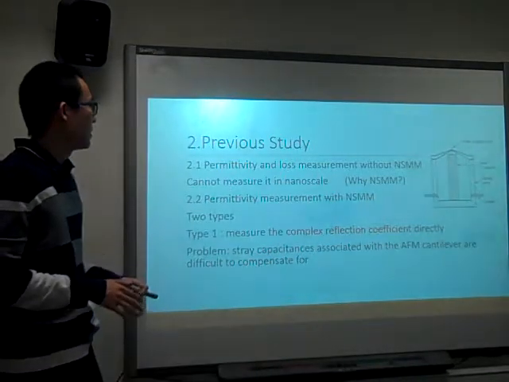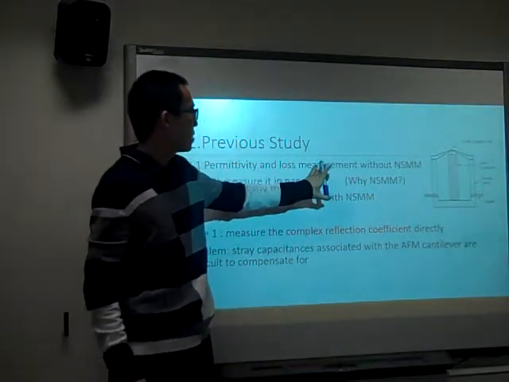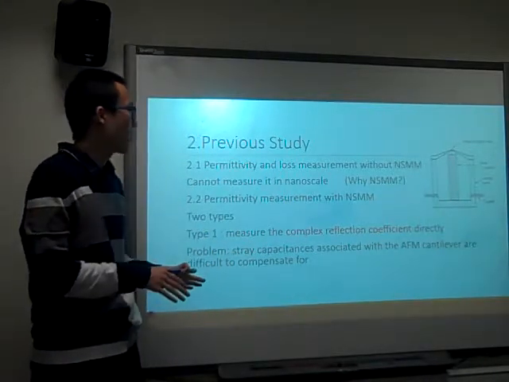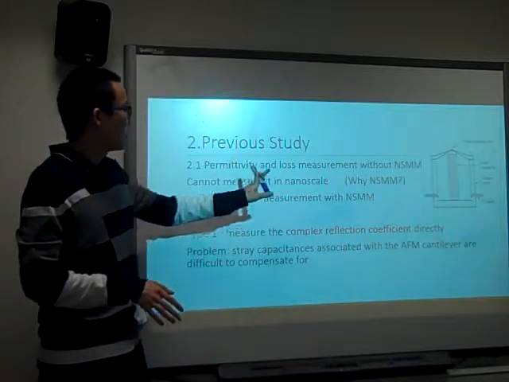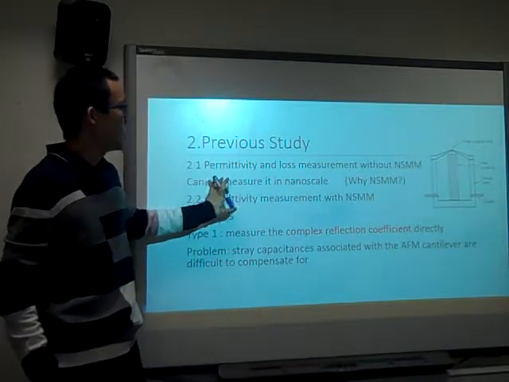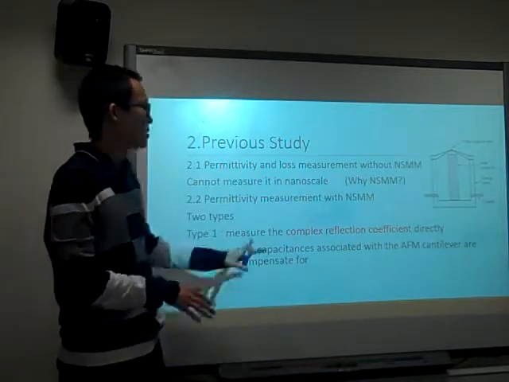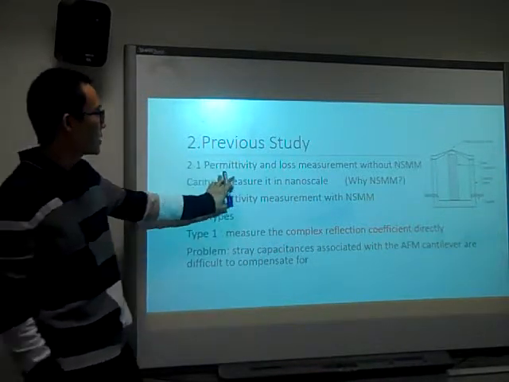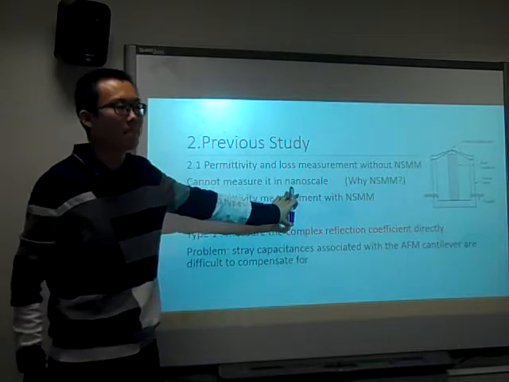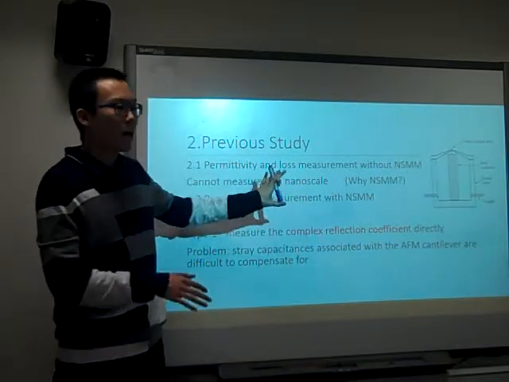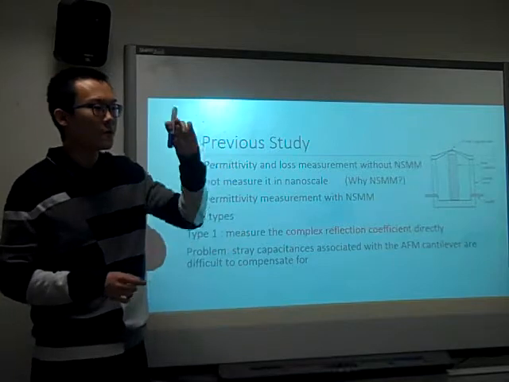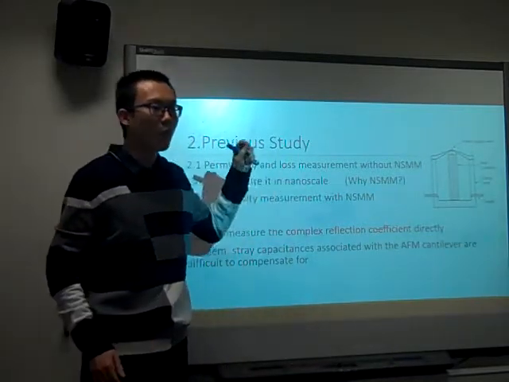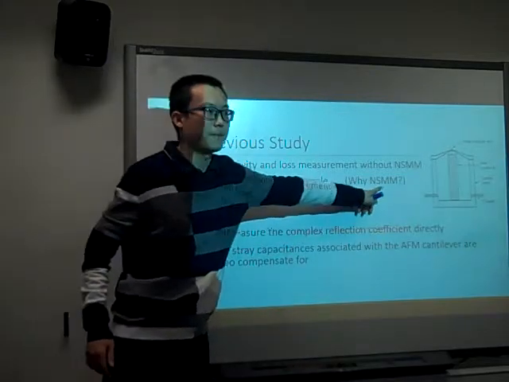As we know, the permittivity and the loss can be changed by the frequency or by the scale. Maybe in nanoscale, the permittivity is higher than in millimeter scale. So it is important to measure the permittivity and the loss in nanoscale by NSMM. I just mentioned that the near field is very close and it can observe in nanoscale. So that is why we need an NSMM.